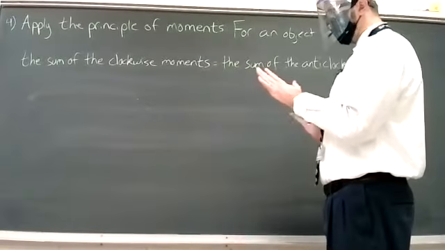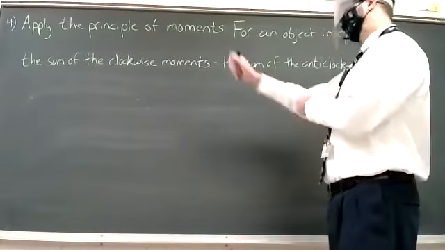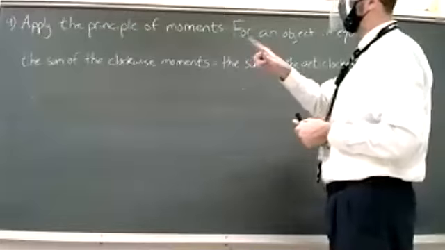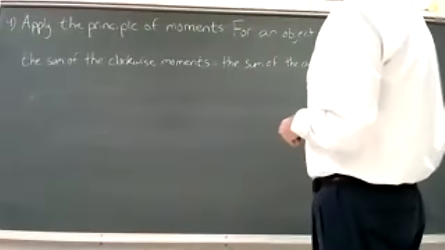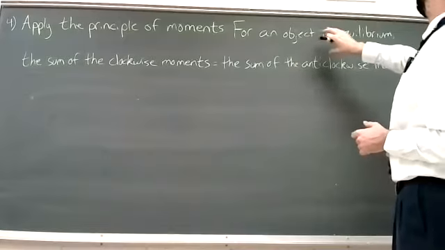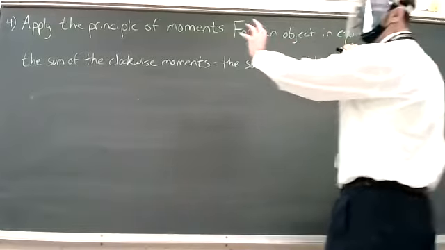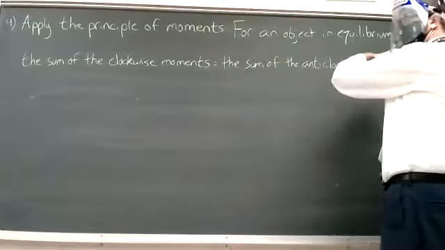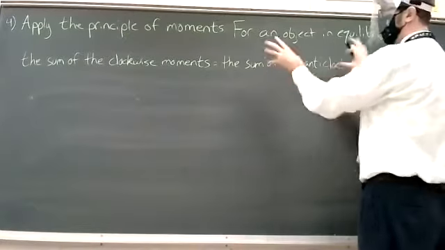And we're not really worried about the thing moving translationally in space, left or right, up or down, just that it's going to twist or turn or rotate. So it really would be more complete to say, for an object with no resultant force, it's in equilibrium in that regard also, then this is true.